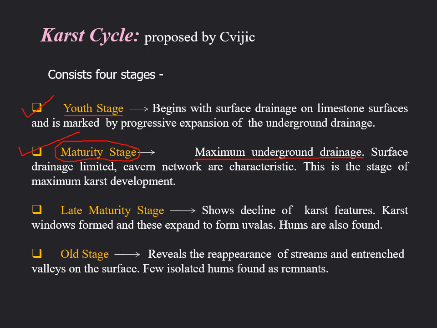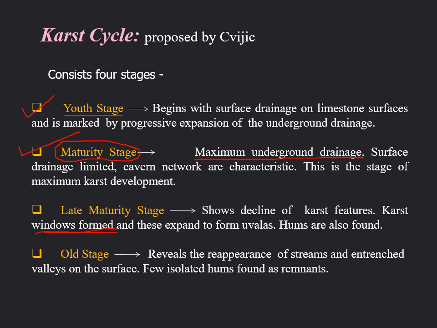Karst windows are formed, that is a collapsing of the roof, and this expands to large uvalas or sometimes poljes are formed, and sometimes hums or mogote hills are also found. So this is the late maturity stage when mainly collapsing of the roof occurs.